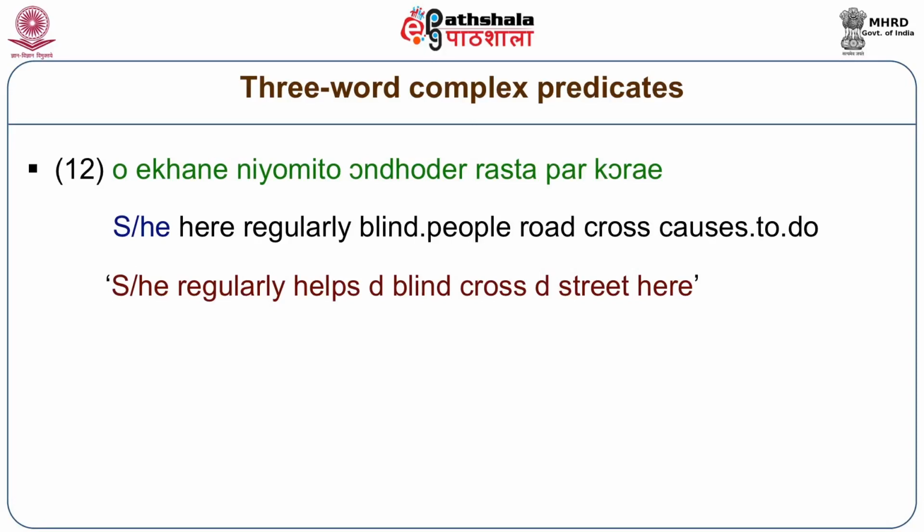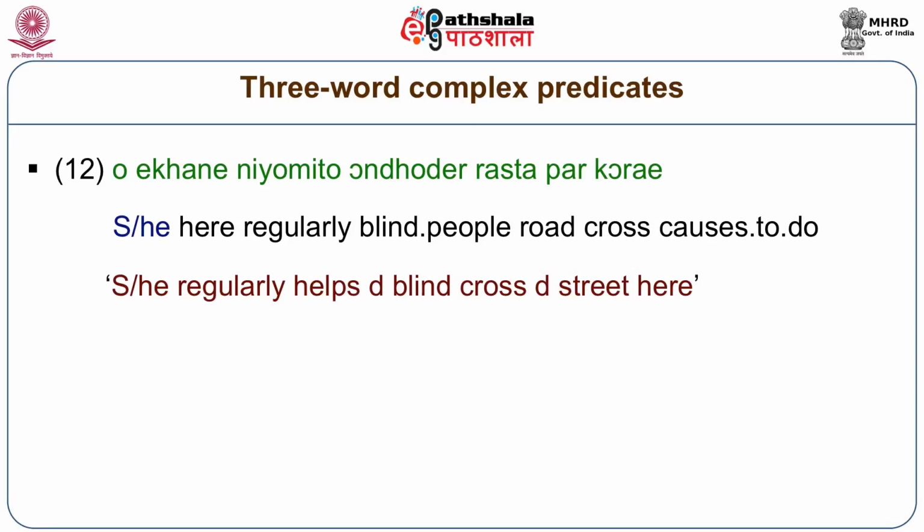If you take example 12, where this verb is instantiated, O ekhane niyomito andhoder rasta par kore, she regularly helps the blind across the street here. We have no empirical basis for placing andhoder and rasta, the blind and the street, under par, crossing.